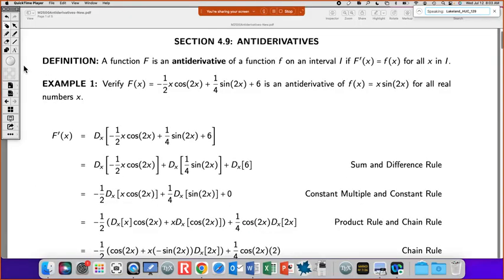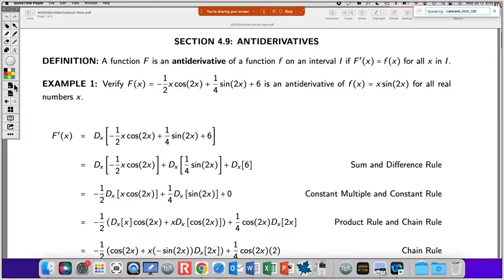So there's a definition. The tradition is, if you have a function little f, capital F is going to represent the antiderivative. Capital F is an antiderivative of a function little f on an interval I. Typically we look at antiderivatives on intervals. If capital F prime of x is lowercase f of x.